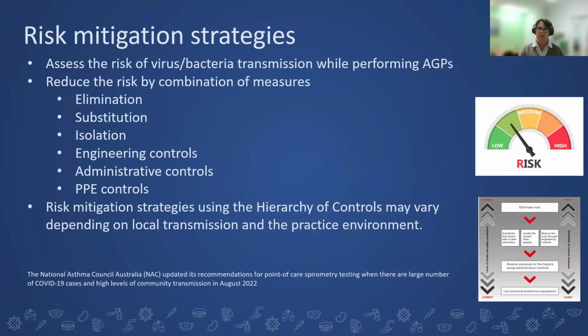Rather than saying no, we don't do it, let's risk assess and put in the appropriate strategies, because we want to protect the safety and health of all patients, as well as the healthcare workers. These have been supplemented with state and territory infection prevention and control guidelines or directives, which I've referred to.